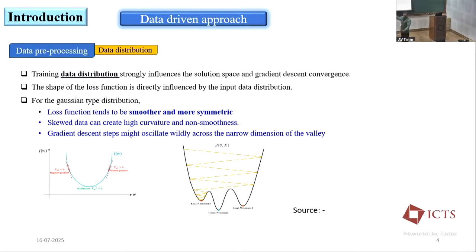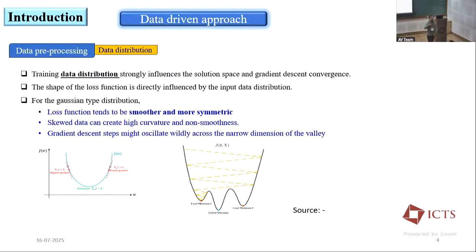It will take some approximate solution, start moving through the solution space, and minimize the error. That is the optimization. The gradient should find some minima. If the data is not properly distributed, Gaussian type or normal distribution, we will find this kind of problem.